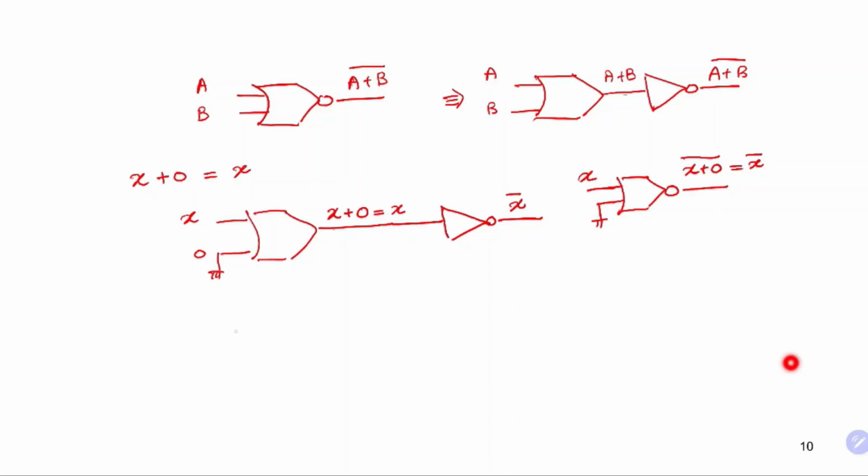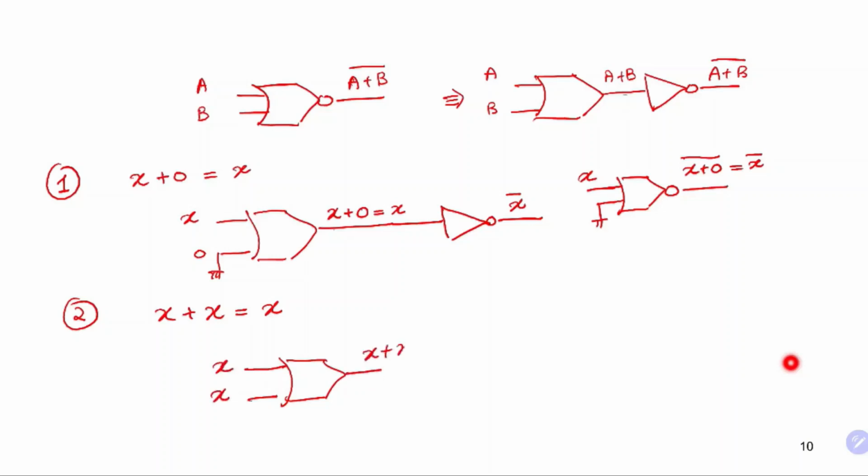Or alternatively, I can use the other property, x plus x equals x. So this is one solution. Second solution, x, give me x plus x, and that's equal to x.